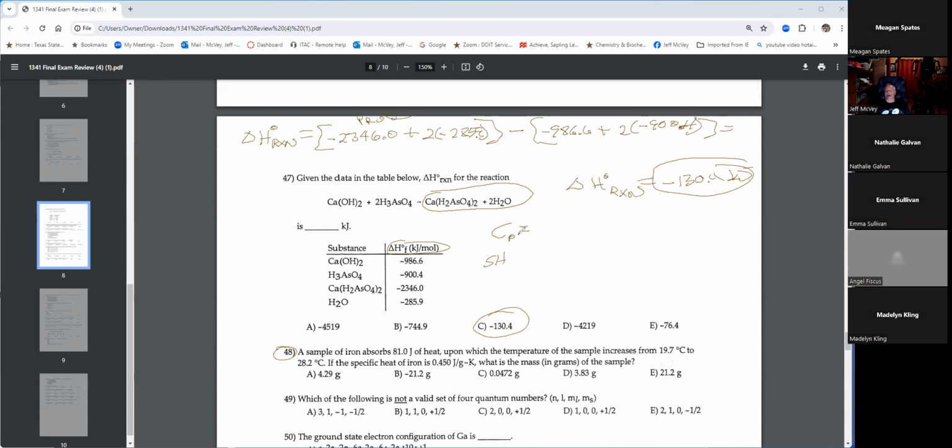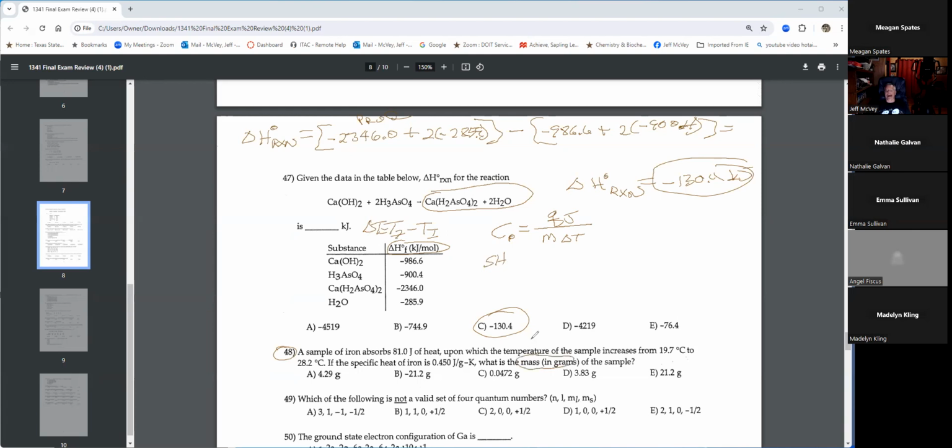This means that under constant pressure it is equal to Q, the amount of heat that's absorbed, divided by mass times delta T. So delta T is always temp final minus temp initial. Okay, so what are we solving for?